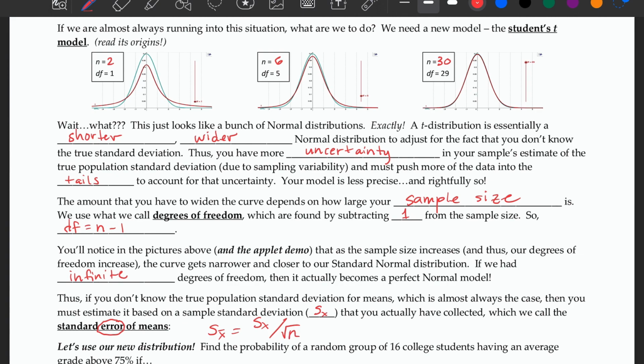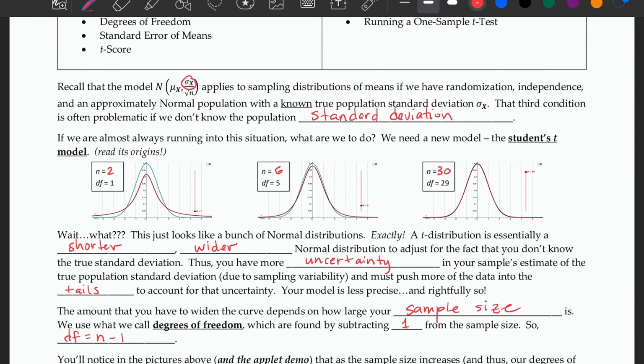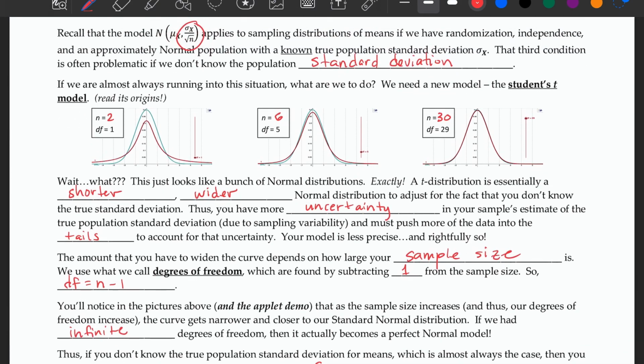And if that looks familiar to you, that's because it's just a slight reframing of this up here. I'll erase what was already there and circle it again. So you can see that it has the exact same structure when we compare them to each other. So all you're doing is a swap out. Instead of your numerator being the population standard deviation, we have to use the sample's standard deviation.